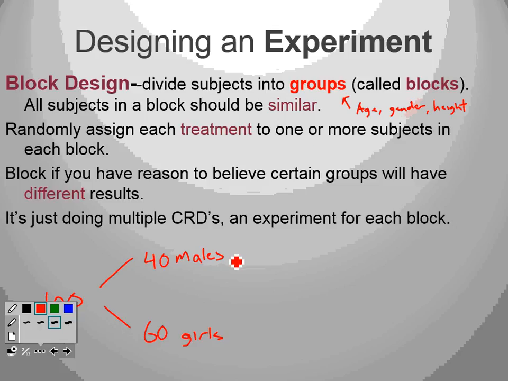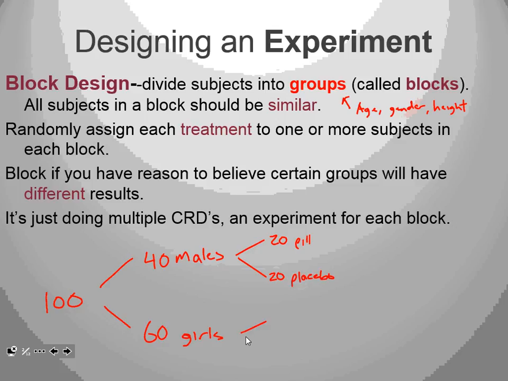Now, what happens after this step is we then assign randomly the treatment and the placebo to each group. So here I would say, 20 of you, you're going to get the pill, the treatment. 20 of you are going to get the sugar pill, the placebo.